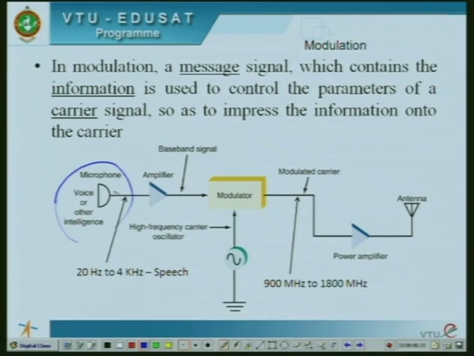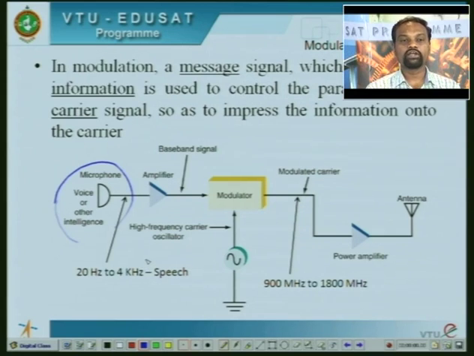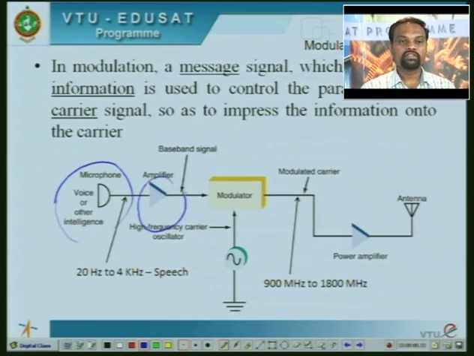Since it is assumed that it is capturing a speech signal, it is in the range of 20 hertz to 4 kilohertz. This signal captured from the microphone is now taken to an amplifier where the amplification is actually done.